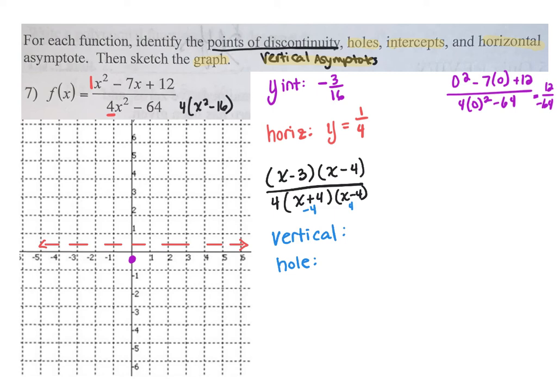Okay? So what cancels? Well, the x minus 4 will cancel, yes? So that is going to be a hole. So we have a hole at x equals 4. That is the one that canceled. We then have a vertical asymptote at x equals -4.